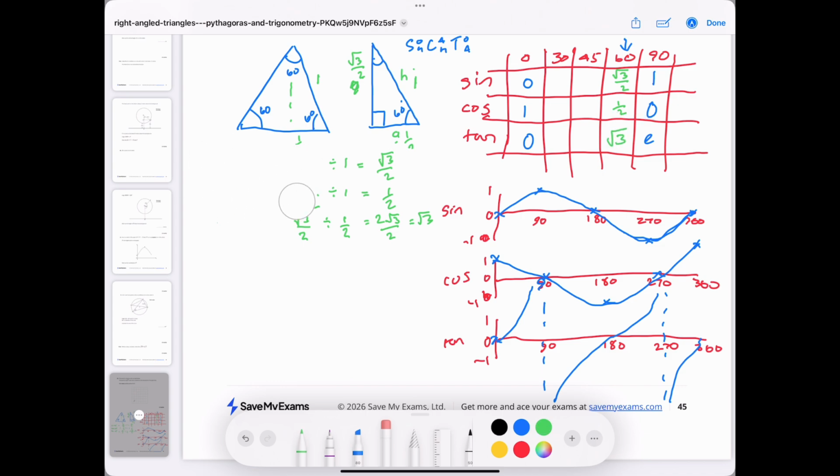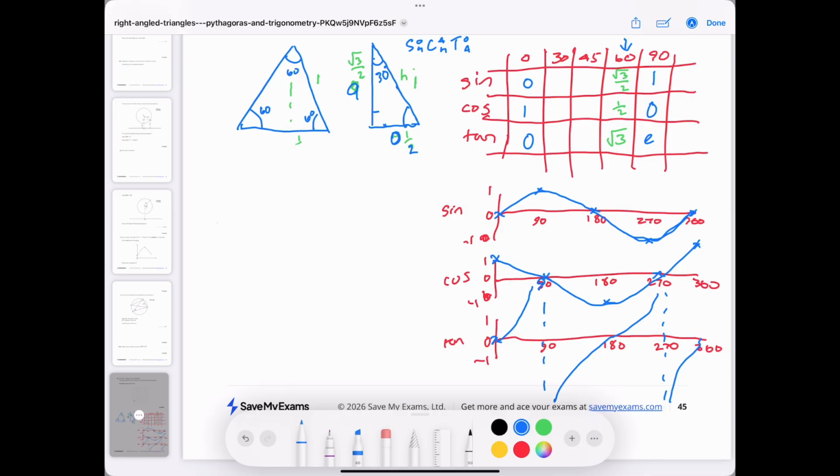Now we're going to re-mark up that triangle. So we're going to change what we know. So rather than using 60, we're going to use 30, which would be half of 60, which is there. And now, in order to do that, that's half, this is opposite, this is adjacent, and that's still hypotenuse.